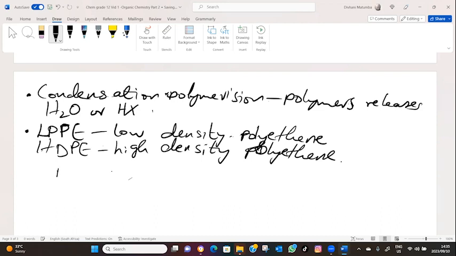We also have polyesters. You have your Kevlar. I won't talk much about polyesters, but it's a similar process.